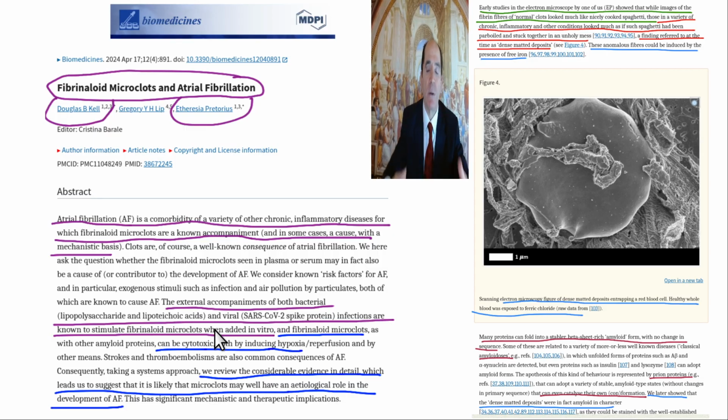Okay, and also I talked about iron overload. She says if you just expose the blood to iron, you'll form these dense matted deposits. See, these are not like spaghetti. These are more of a big irregular mess, and they're called dense matted deposit. The reason that's significant is the nice linear clots that are like pieces of spaghetti are easy to lyse. Blood can form these clots and dissolve them very quickly, turn it on and off.